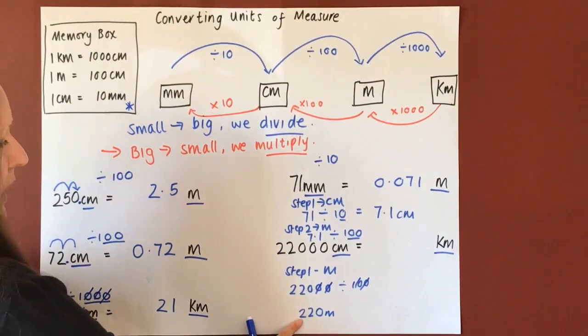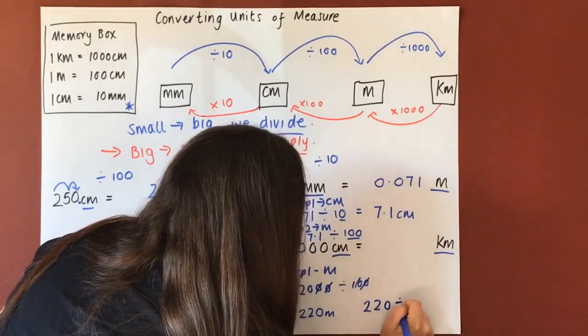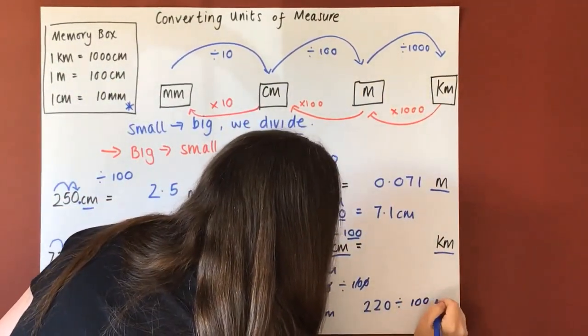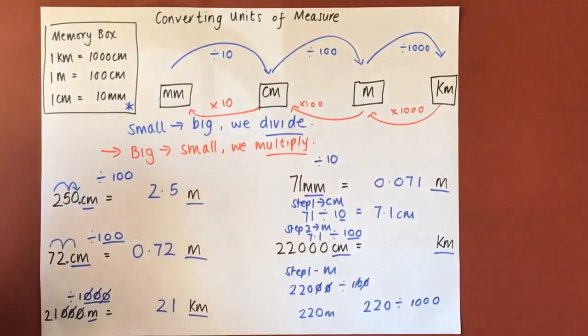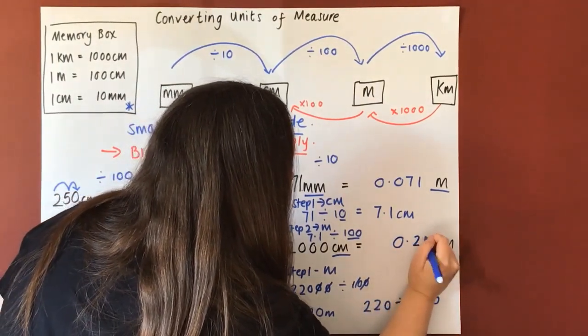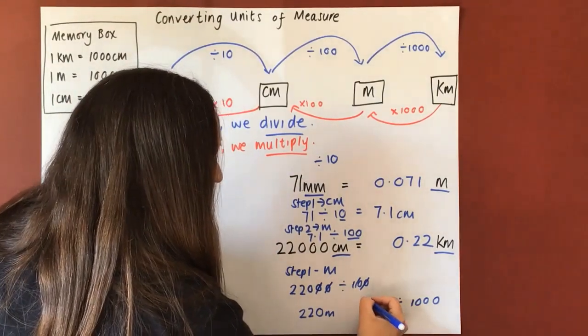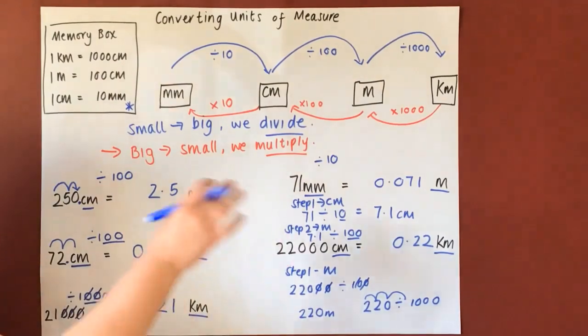So with this figure, I will then do 220 divided by, has to be 1,000, because we're going to kilometres. And our final answer then will be 0.22 kilometres, because if we imagine that number, we shift it 3 places to the right.